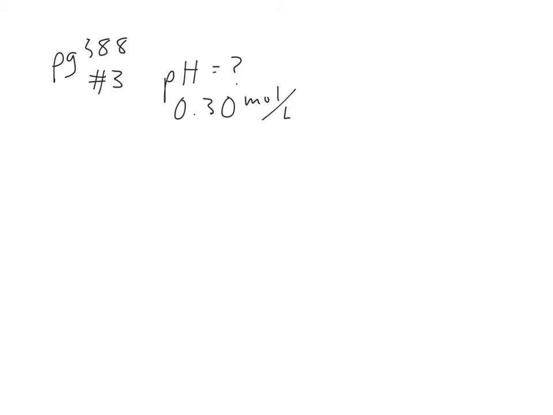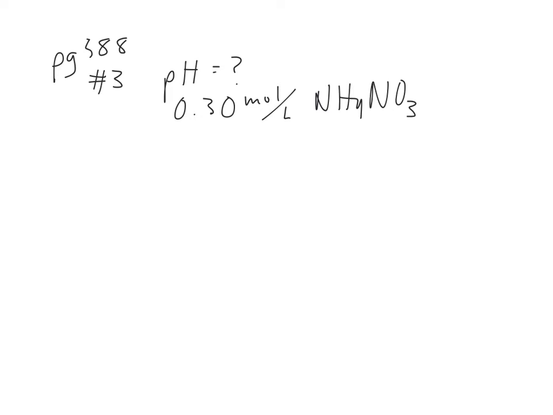Okay, in case you want more, I'm looking at some questions on page 588. And I am looking at question number 3 for no particular reason. What you want is the pH value of, this time, a 0.30 mole per liter solution of ammonium nitrate.